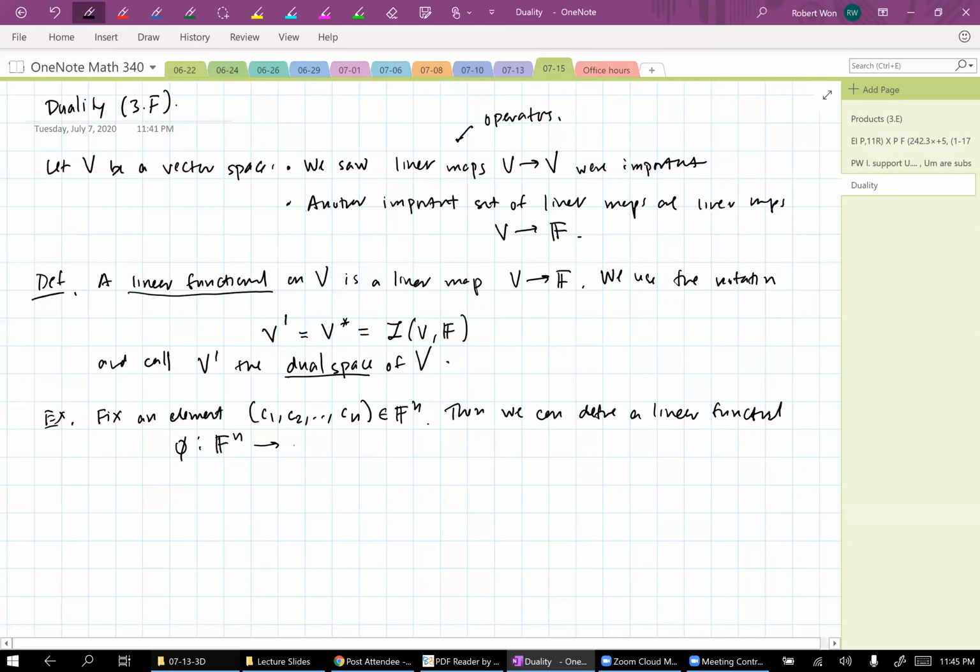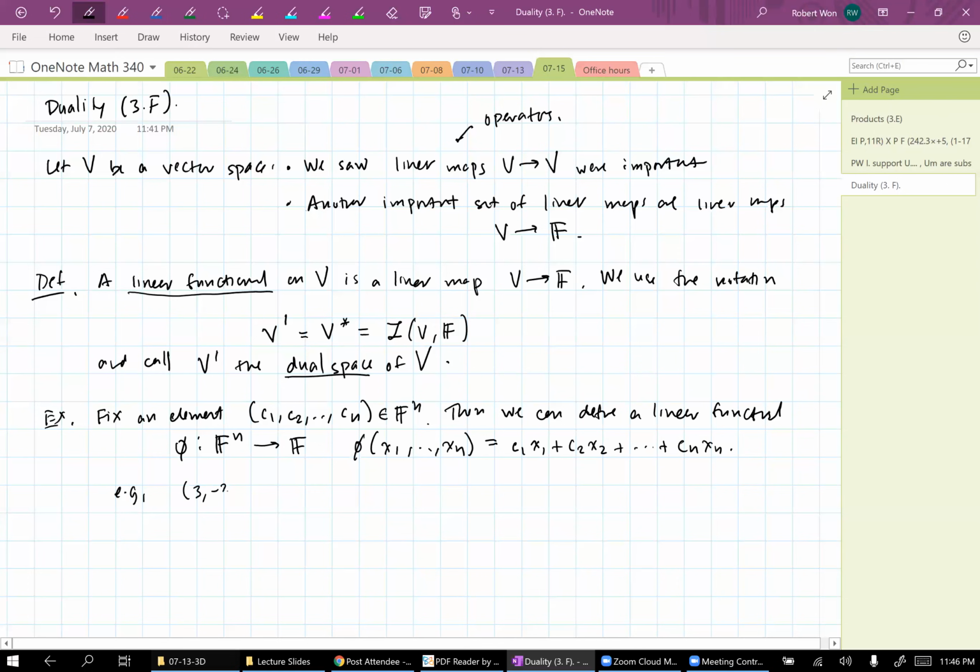It's a map from the vector space to F. And what we'll do is we'll say that phi of a vector (x1, ..., xn) in F^n just returns the linear combination x1 c1 + ... + xn cn. Here, each of the c's and each of the x's is an element of F, because I plugged in an element of F^n, which means that each of the x's is an element of F.